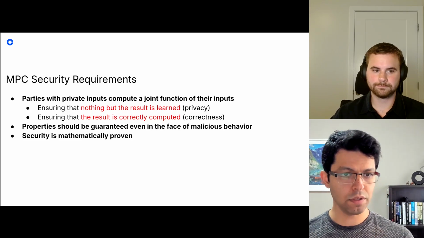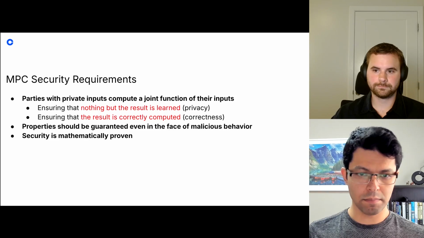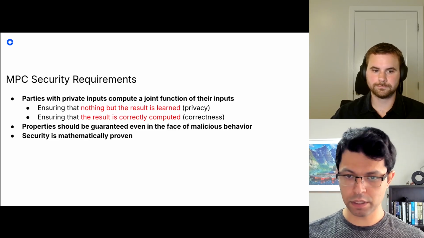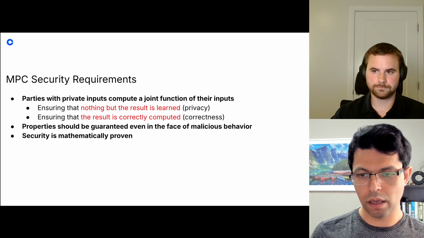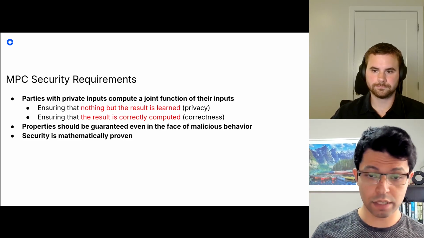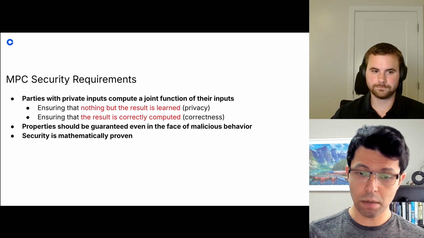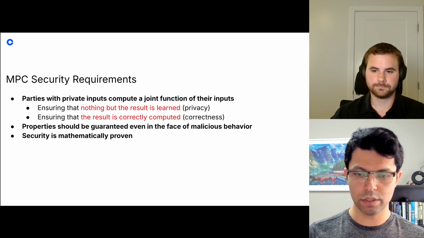The important thing about MPC is that the protocol still maintains these properties even when we have malicious adversaries. You can think of malicious adversaries as attackers who are compromising a machine and are on the machine and actively doing something bad.